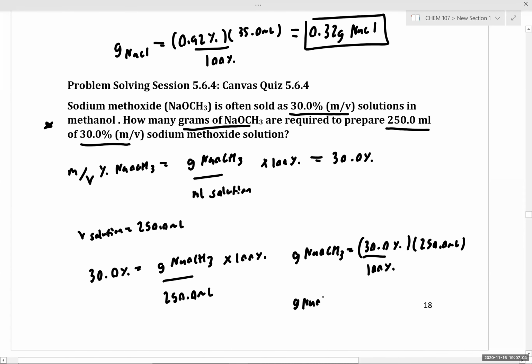So we have 30 over 100 times 250. And that in turn gives us 75.0 grams.